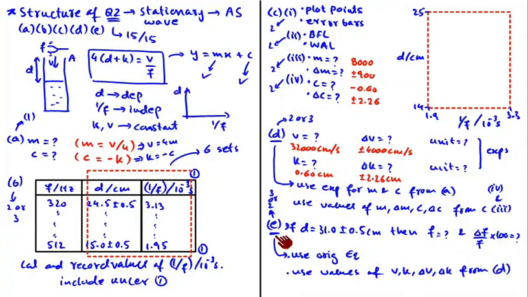So in E part, we use the original equation to obtain an expression for f first in terms of constants v and k, and then we use the values of constants v and k that we determined in part D to determine the value of f and its percentage uncertainty. I have already done that too, and these are my results. F came out to be 253 Hertz, and percentage uncertainty in F came out to be 21%.